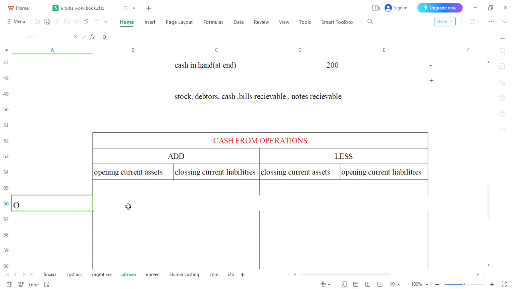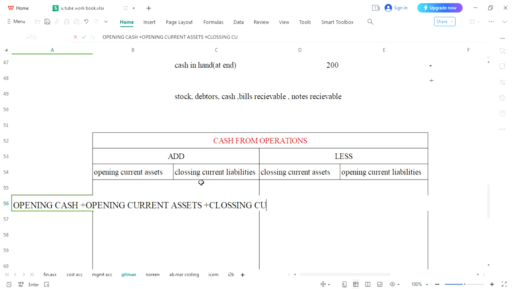So cash at the starting of the period was opening cash. Then please see here we have used the sign of add. What you will add? Opening current assets, and you will also add the second thing, closing current liabilities.